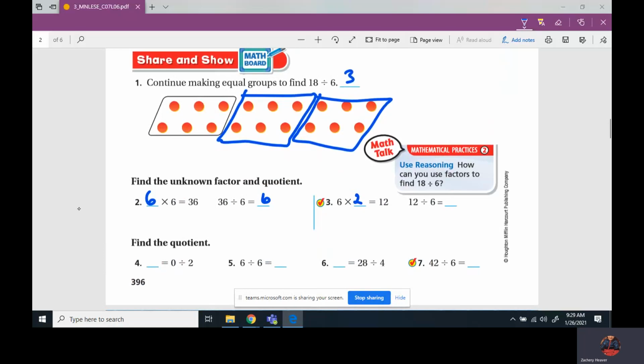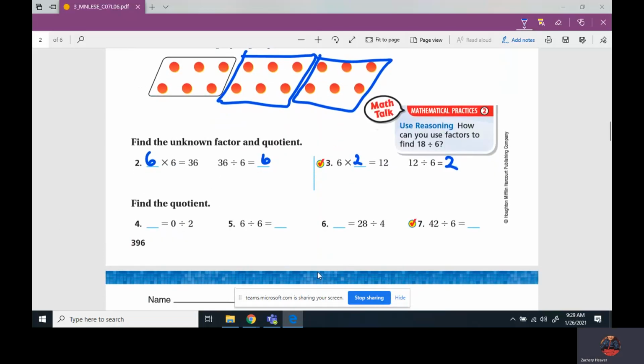So 12 divided by 6 is? Cortland. 2. Good. David. 0 divided by 2? Aubrey. 6 divided by 6? What? One. Adelaide. 28 divided by 4?